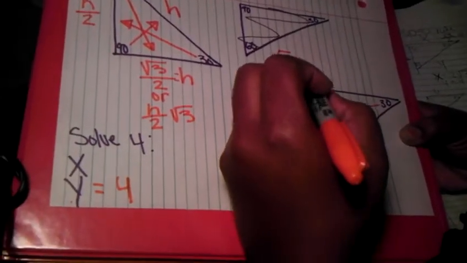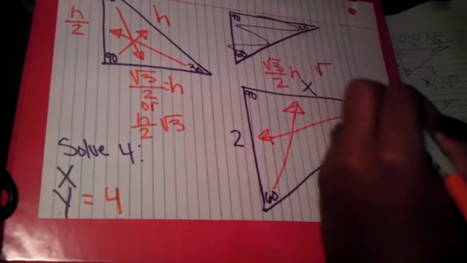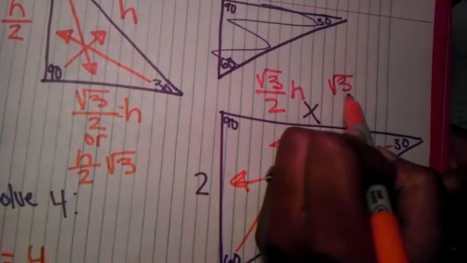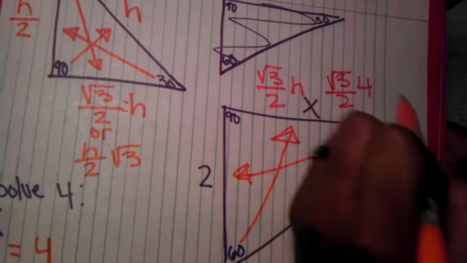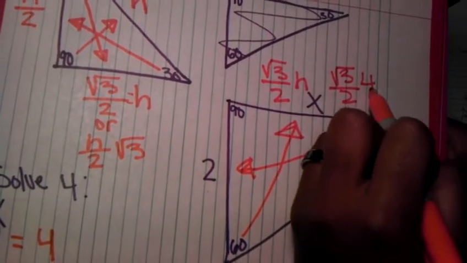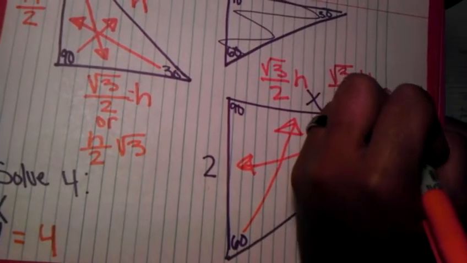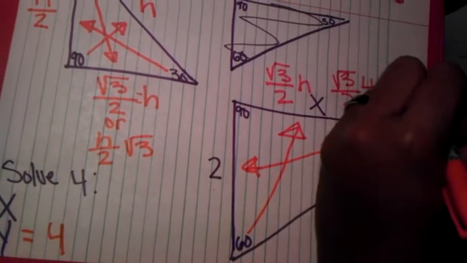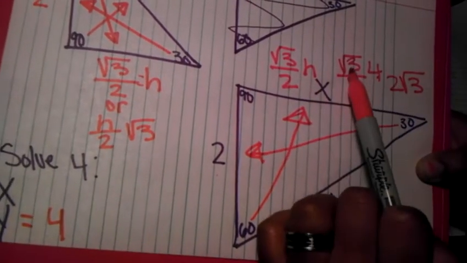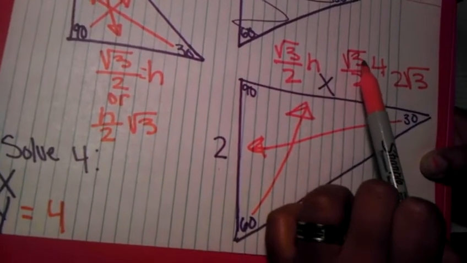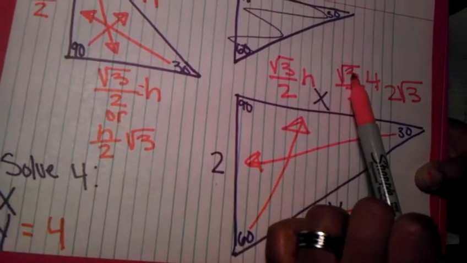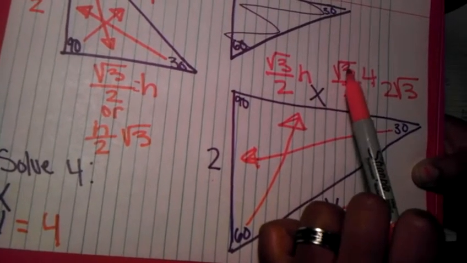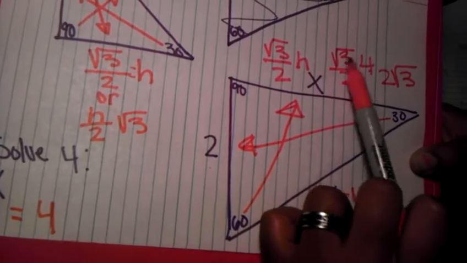So, what you do is you have square root of 3 over 2 times 4. So 4 divided by 2 is 2. So that's your answer. You can't simplify that radical anymore, because there's no number that can be broken down to make this number smaller.